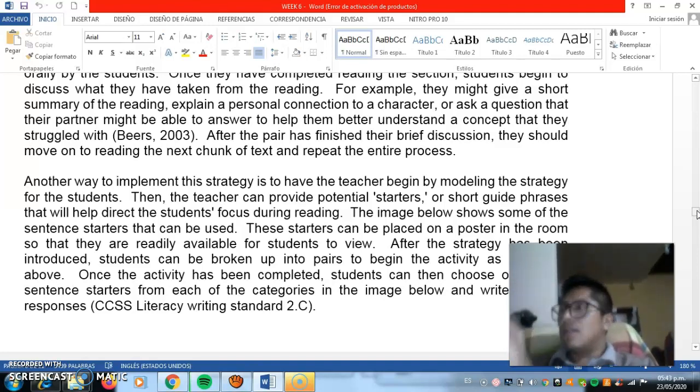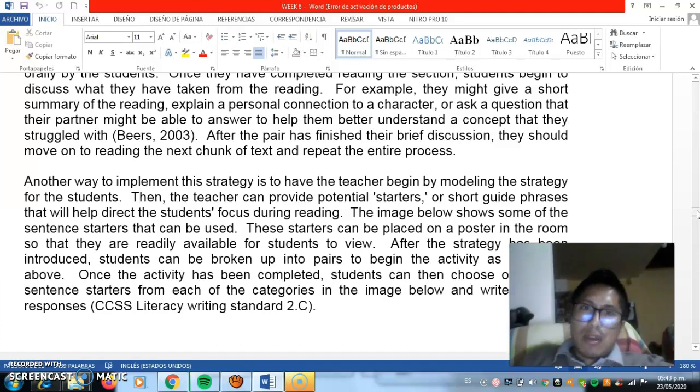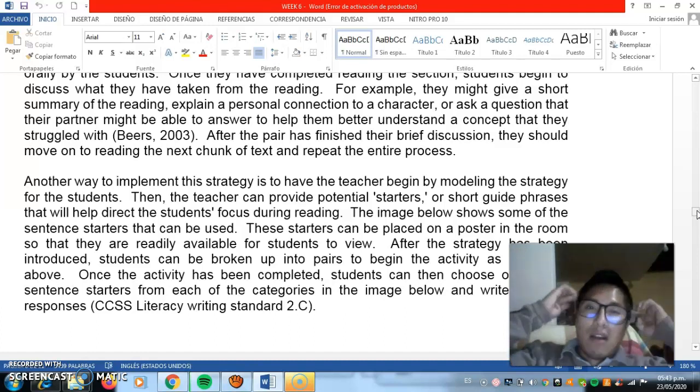Also I like this, where we can give them some clues in order that they can understand the reading much better. I mean, some important words that they can find during the reading, and also they have to give feedback.